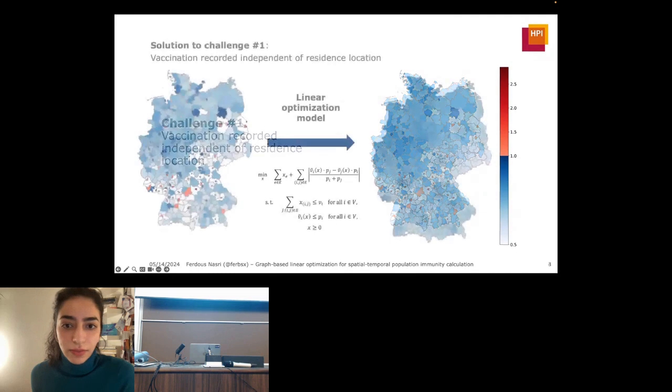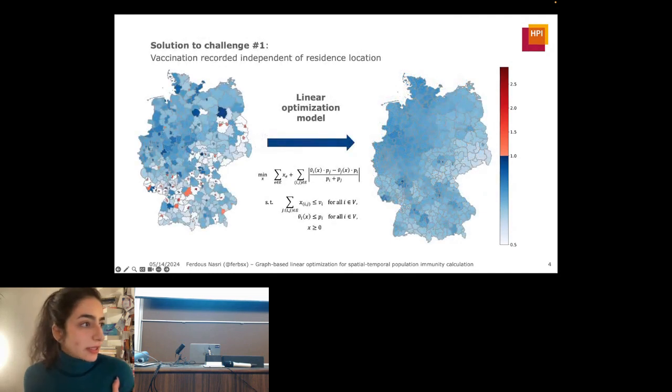And how we rebalanced the data was by creating a linear optimization model, which would minimize the flow or the distance that the vaccine would travel to be rebalanced, and still make sure that every location has a vaccination below 100%.